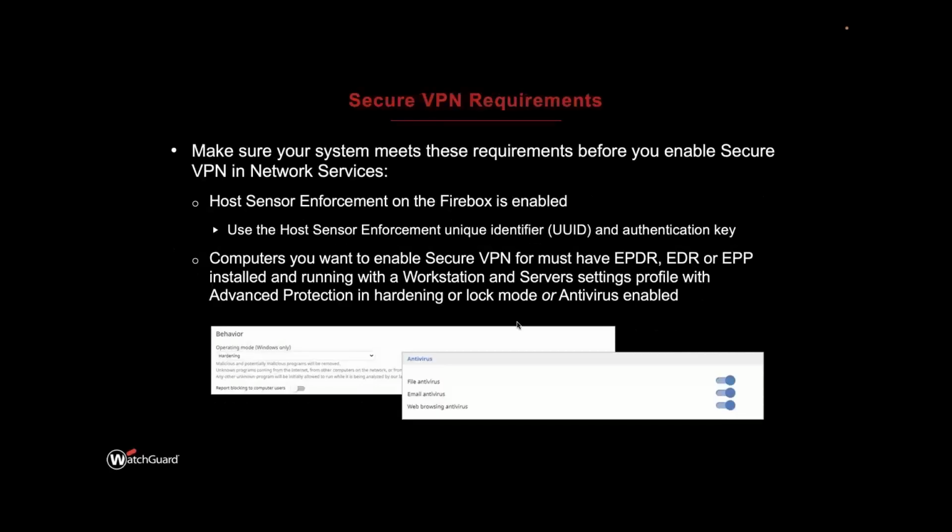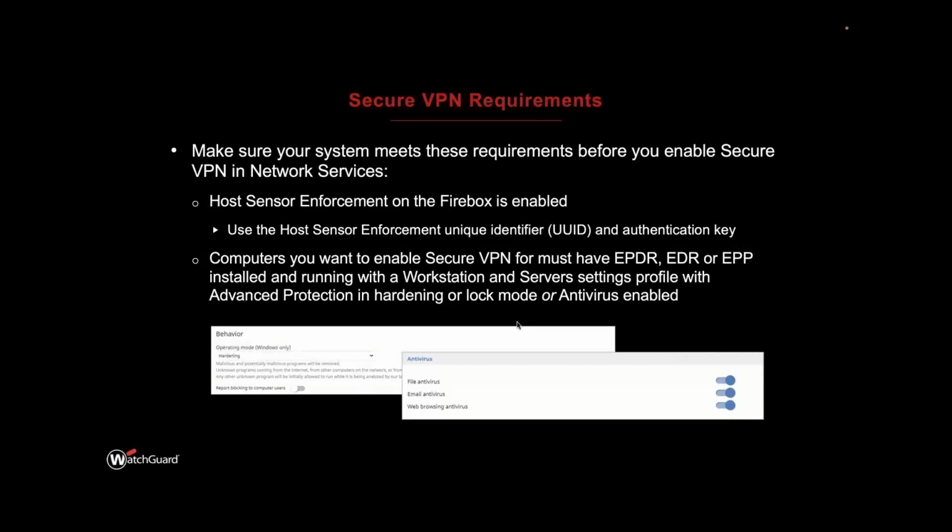So the ability to not allow VPN connections through Firebox to be started if either the antivirus or the advanced EDR protection, what we call the advanced protection, is disabled. So you won't be able to connect if either the antivirus or the EDR features are disabled, or if the protections are in error, or if there's something wrong with the engines where they are not properly functioning, you won't be able to connect to the VPN.